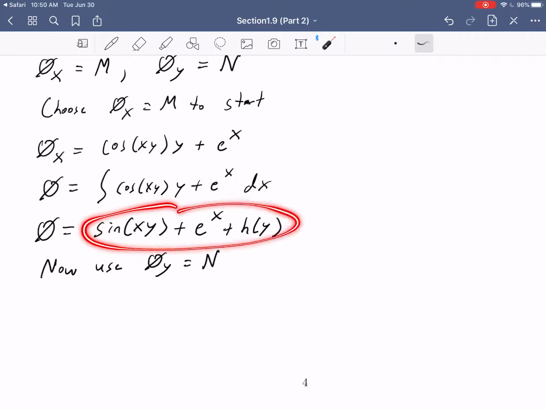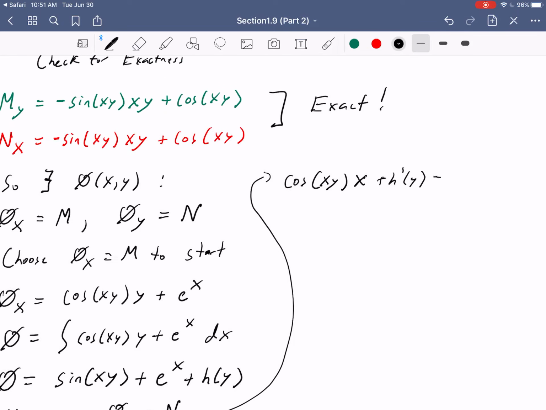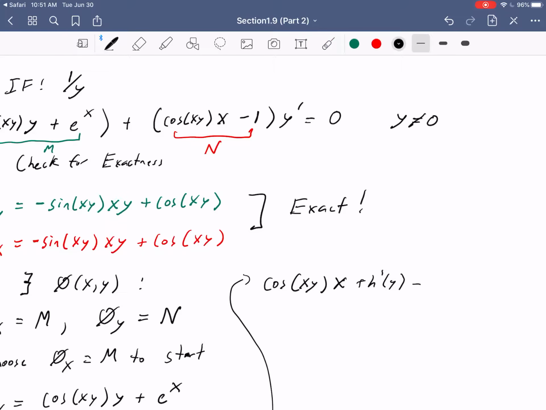So to do that, let's go ahead and move ourselves back over here. So phi sub y, let's differentiate this with respect to y. So that's going to be cosine xy times the derivative of the inside with respect to y, which is going to be x, times the derivative of that. That's going to drop out, and then we're going to get h prime of y. And that is supposed to equal our N, which was this thing right here. So this is supposed to equal cosine xy times x minus 1.